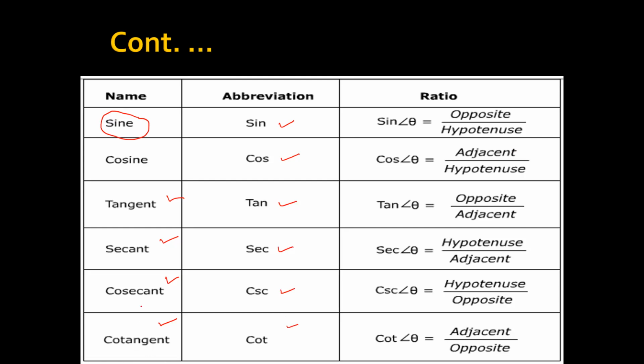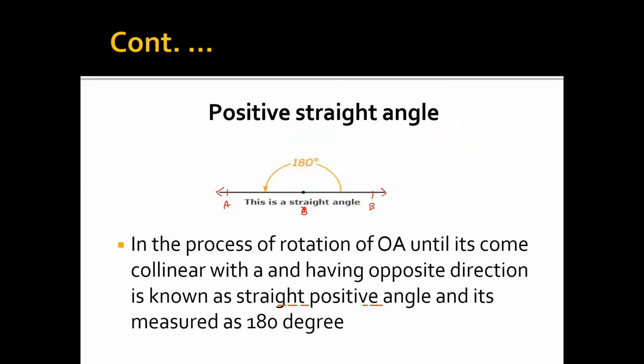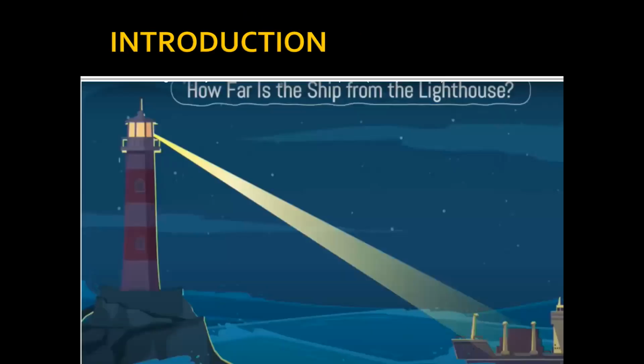Okay, so you will have an overall idea of what sin, cos, tan, sec, cosec are, isn't it? Now let's come to our first slide. This is our first slide. So we have learned sin, cos, sec, cosec, all those things. We have learned trigonometry ratios.